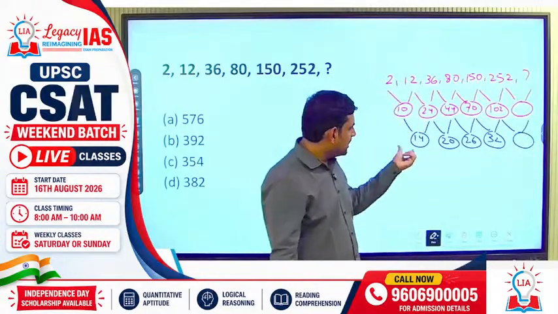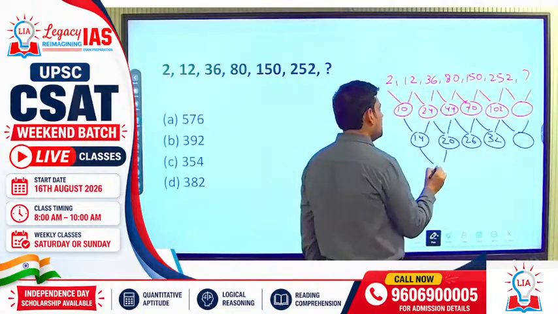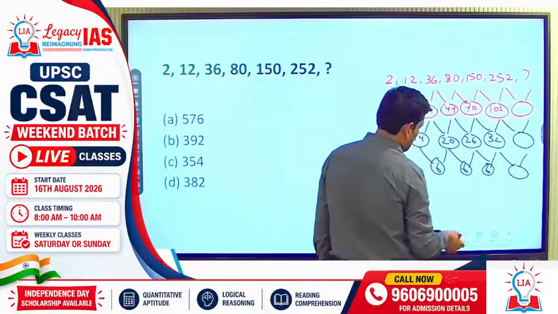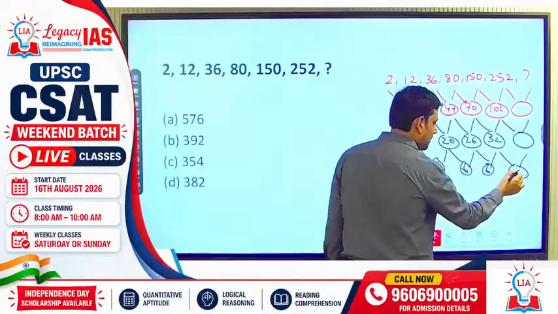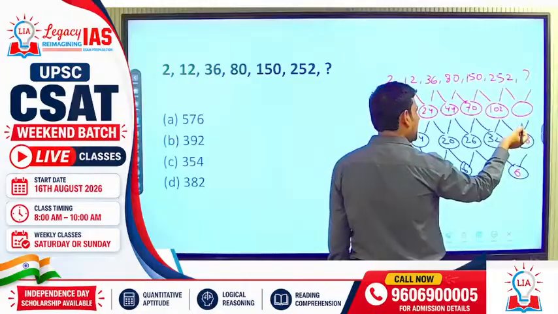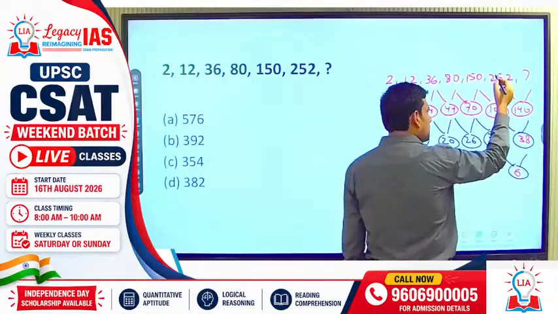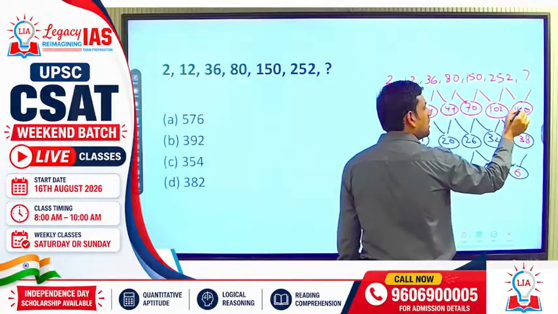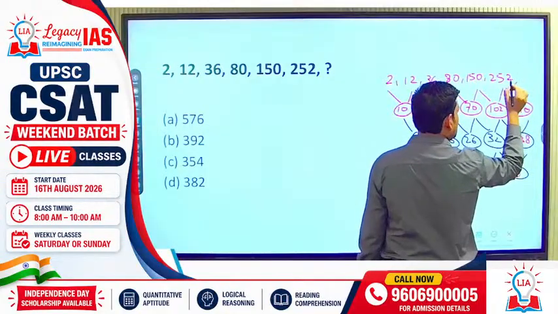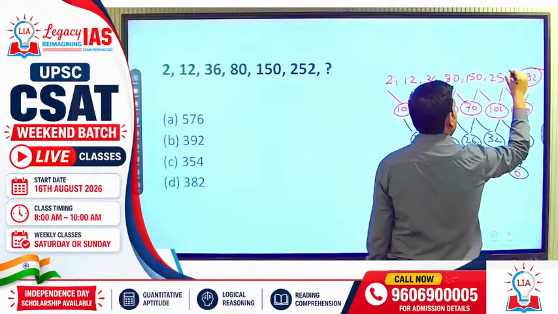You can see the pattern: 14, then 20, then 26, 32. What is this? Addition of 6. If you want to go one more step, this is 6, 6, 6. Next should also be 6. 32 plus 6 is 38. 102 plus 38 becomes 140. Then 252 plus 140 will be what? This is 390. This becomes your answer.